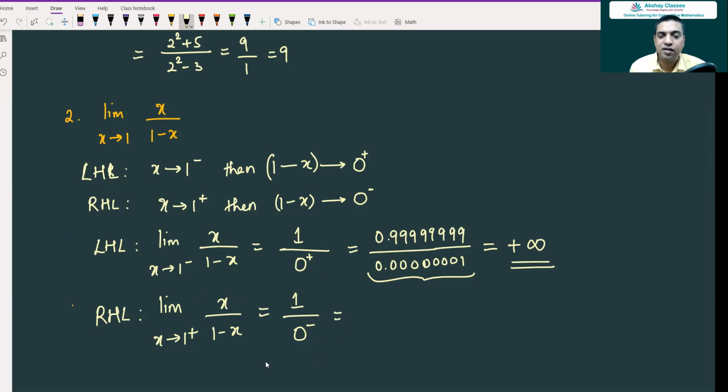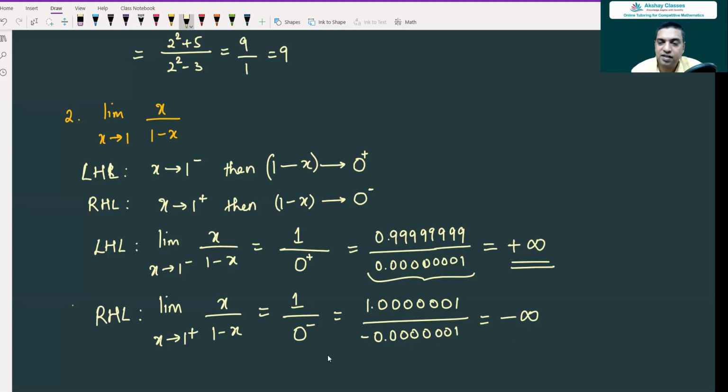So you will get something like 1.000001 divided by minus 0.000001. So now you approach a huge value. If you take out the decimals, this is going to be a huge value, but with a negative sign. Understand? So the right hand limit is going to minus infinity.